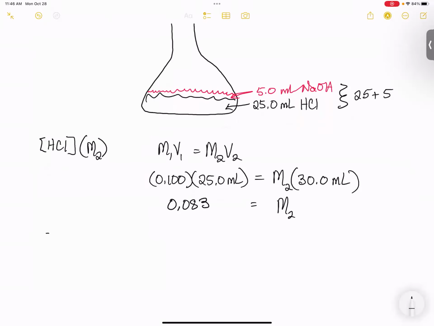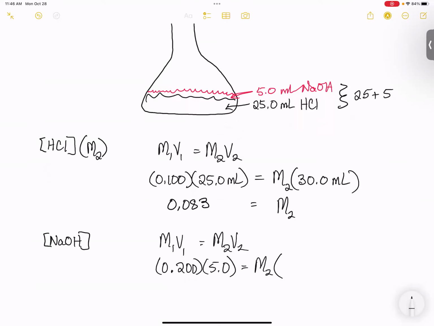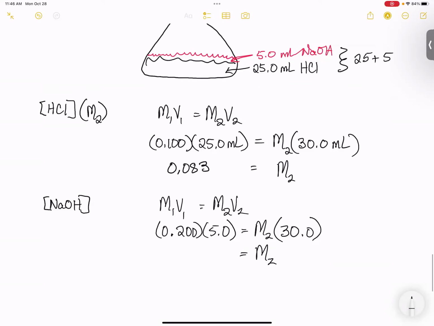We can do the same thing for our base, our sodium hydroxide. It's M1V1 equal to M2V2. So that is 0.200 times 5.0 is equal to our second concentration times 30. Keying that in, that's 0.033.